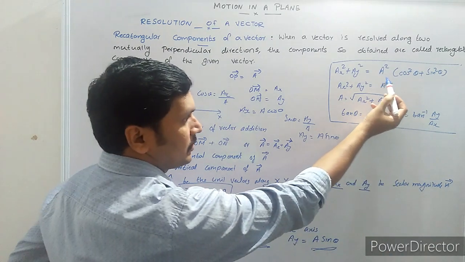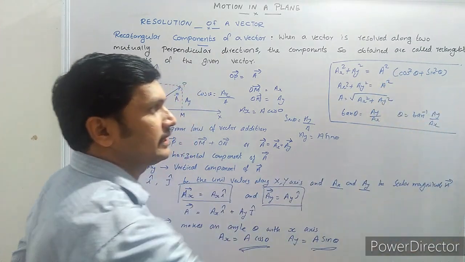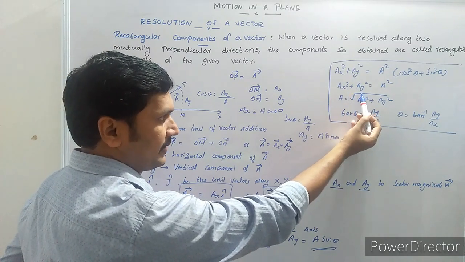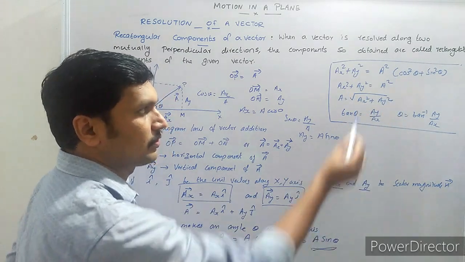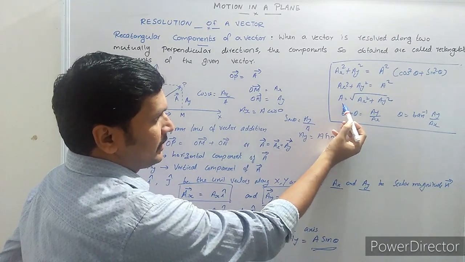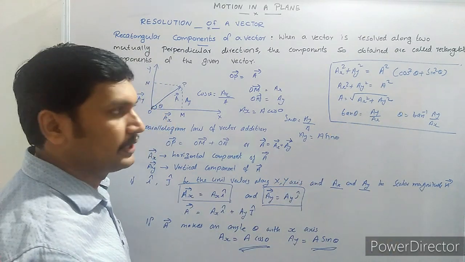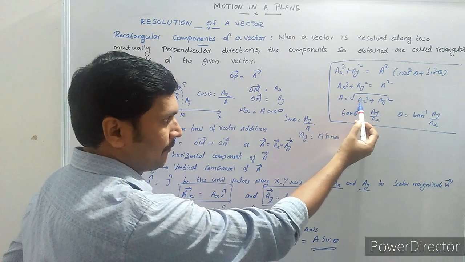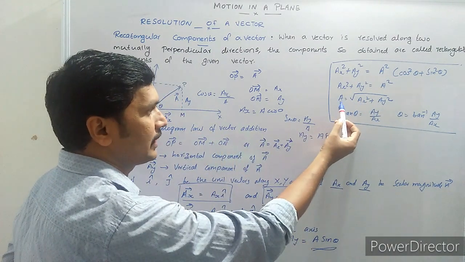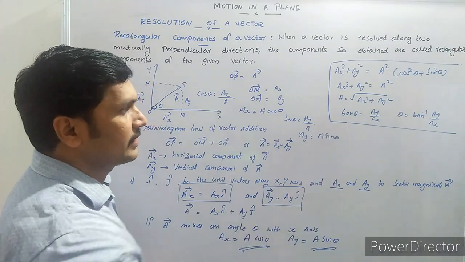Keeping A square outside the bracket, A square into cos square theta plus sin square theta. Since cos square theta plus sin square theta is 1, Ax square plus Ay square is equal to A square. So the magnitude of vector A is A equal to root of Ax square plus Ay square.